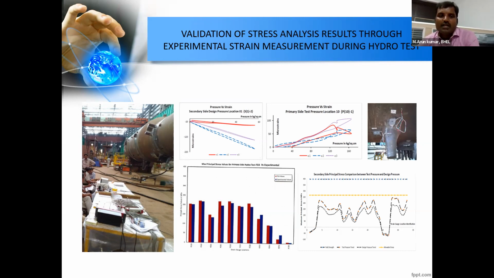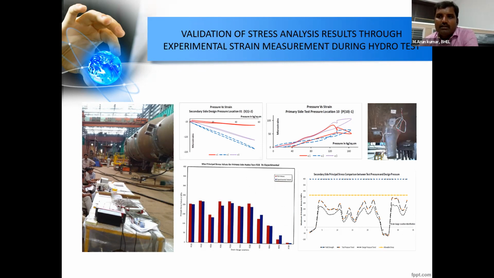For example, for the heat exchanger, pressure vessel, or steam generator, we are performing hydro test. In the design stage, we have predicted some stresses that have to be experimentally matched with the experimental results.